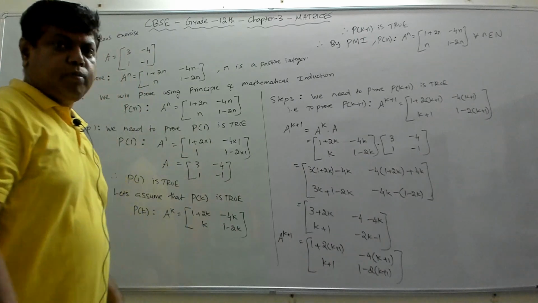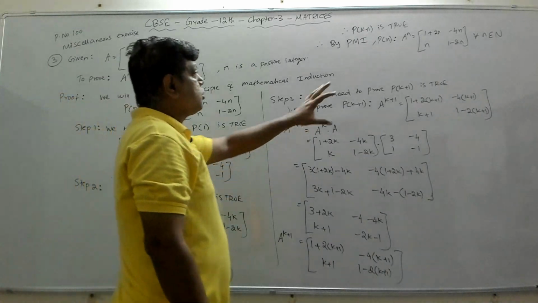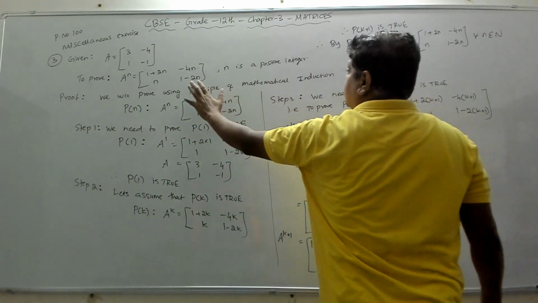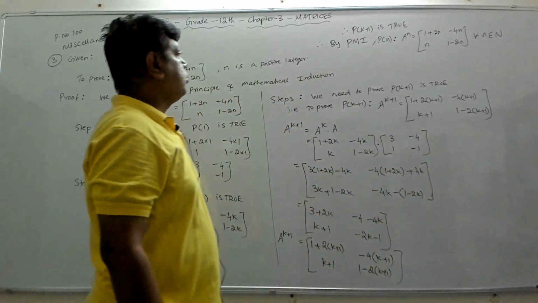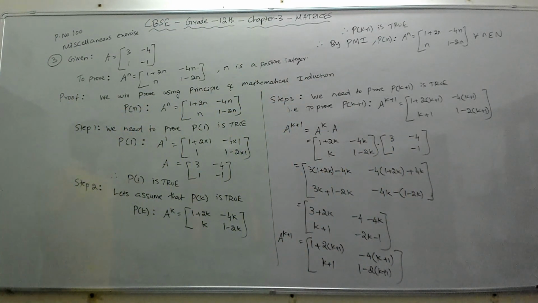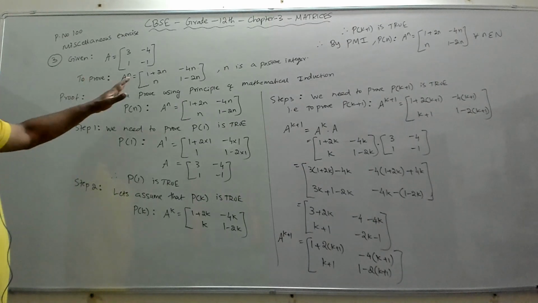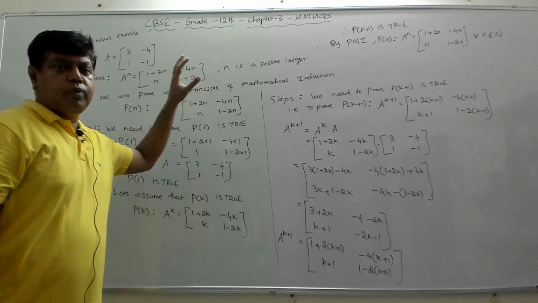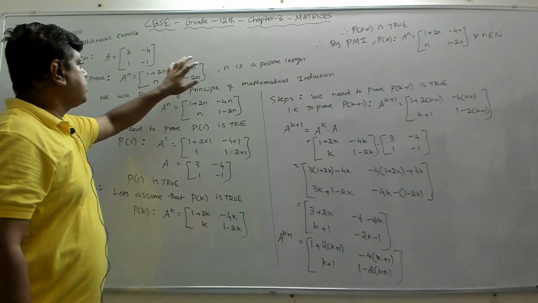So we have proved that this is true for every natural number, for every positive integer. This A power n equal to this is true.